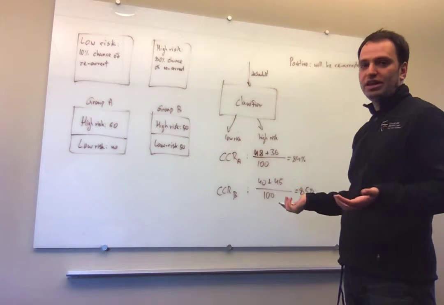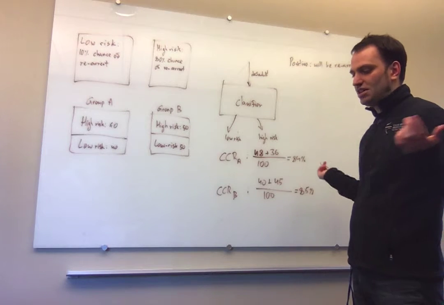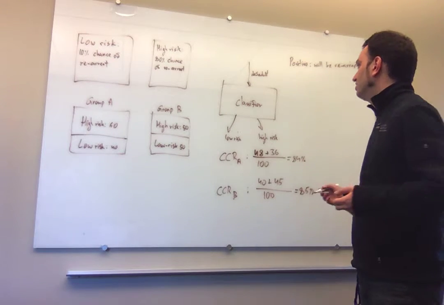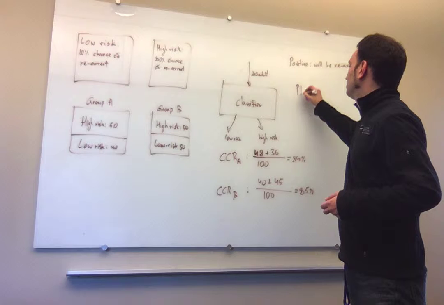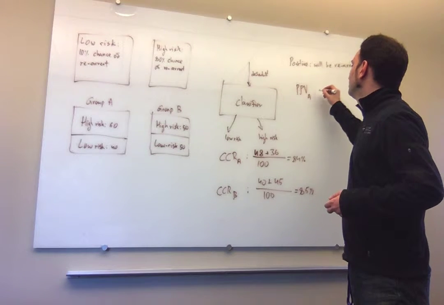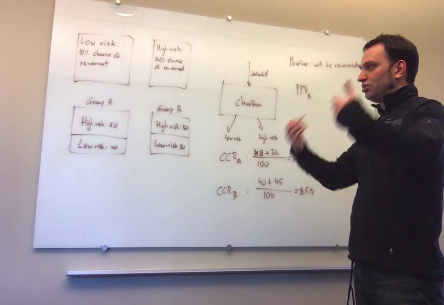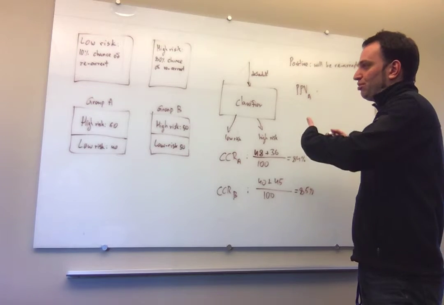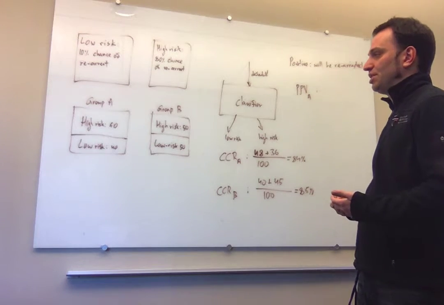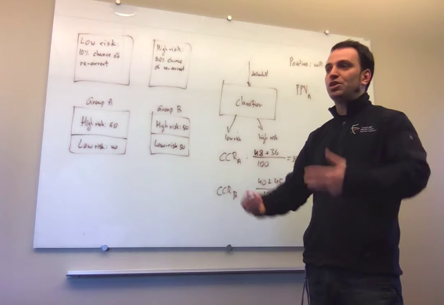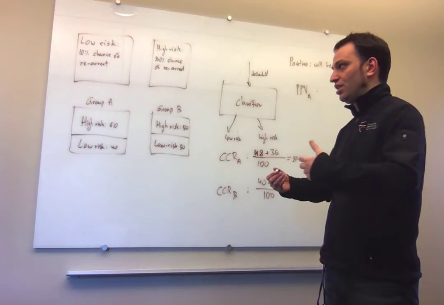What we're looking at is basically the positive predictive value. So the positive predictive value for A is going to be the total number of people about whom we are right when we say that they're going to be arrested, divided by the total number of people who we say are going to be arrested.